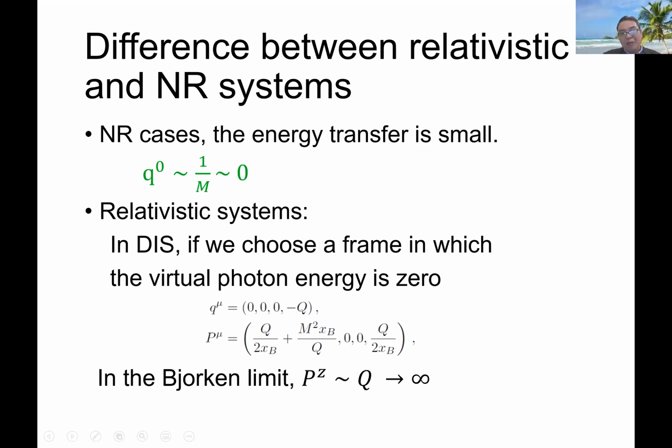That is possible, and relativity tells you that you can look at scattering in any frame you like. Photons are space-like, so you can always find a frame in which the energy equals 0. In this frame, you discover that the momentum of the hadron is actually very large. In fact, in the Bjorken limit, when Q goes to infinity, the momentum of the hadron goes to infinity.